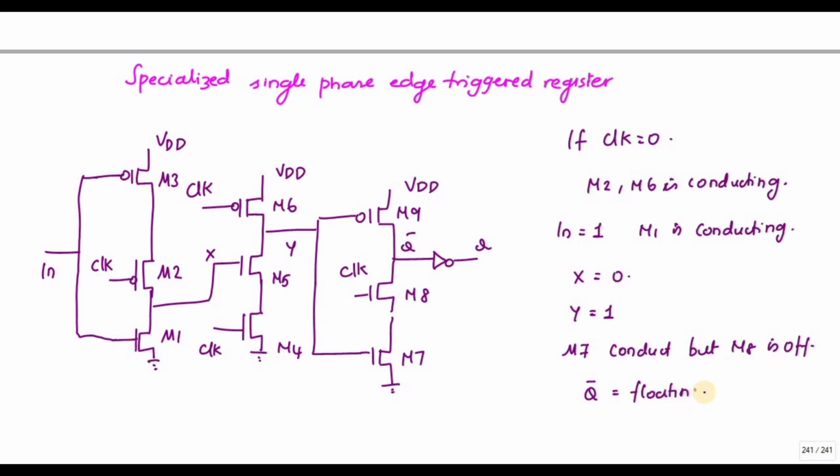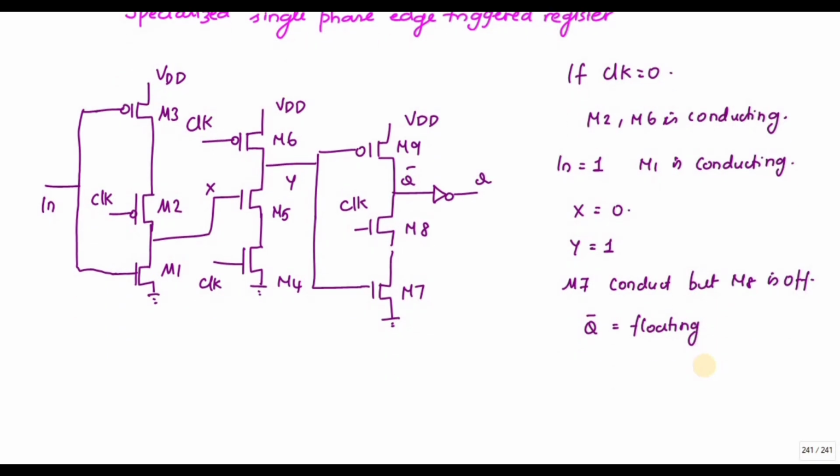Whenever the clock value is 0, the output is going to float. This is my first condition, when the input is 1.